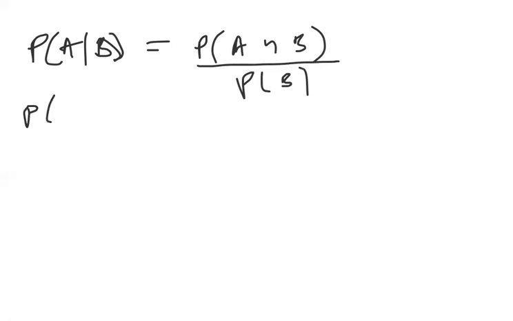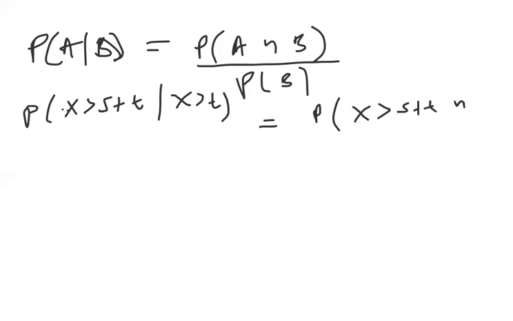So in this case, the probability that X is greater than s plus t, given X greater than t, is equal to the probability of X greater than s plus t intersection X greater than t, all over the probability of X greater than t.